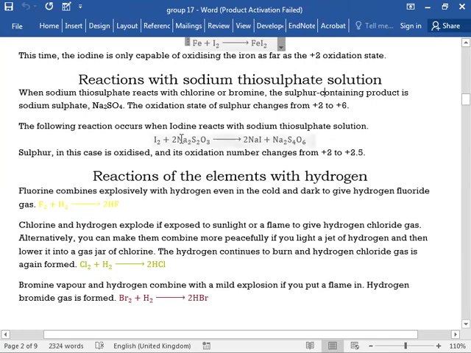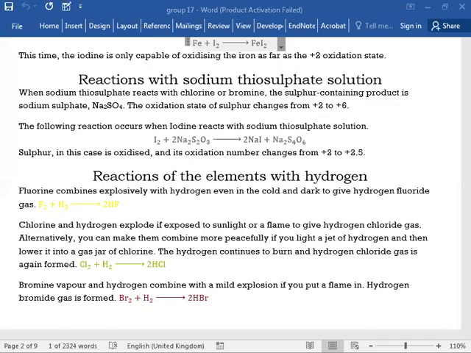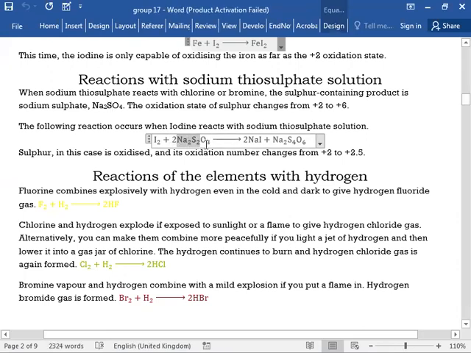Basically, sodium thiosulfate is Na2S2O3. Can you figure out the oxidation number of sulfur in this? When we react sodium thiosulfate with bromine or chlorine, the oxidation number of sulfur is +2 in this.